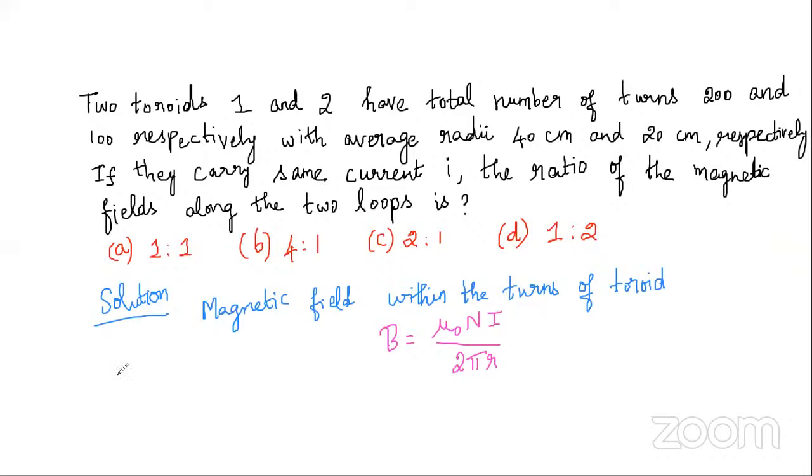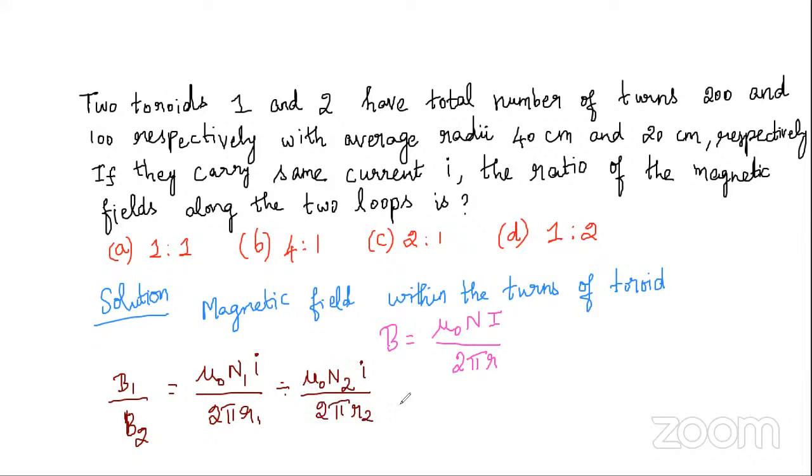That means we have to calculate B1 divided by B2. So B1 divided by B2 is mu naught N1 I divided by 2 pi R1, divided by mu naught N2 I divided by 2 pi R2.